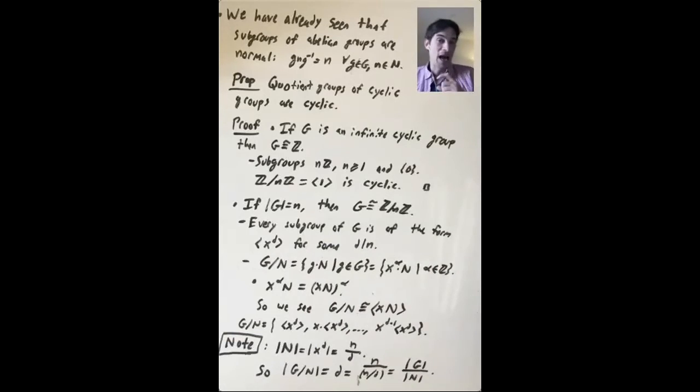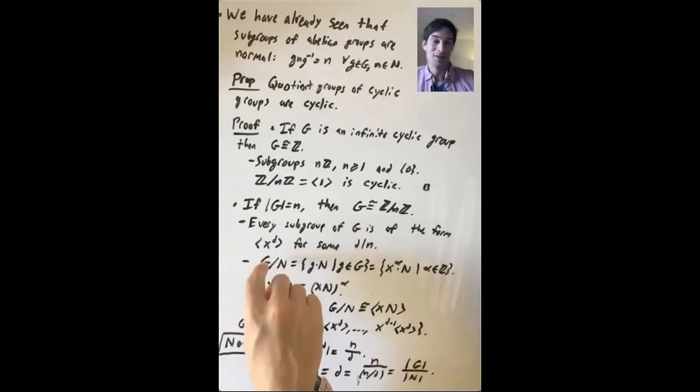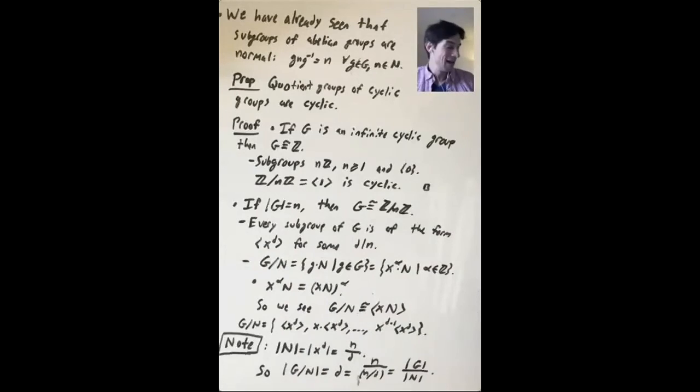It's the smallest power that you raise x to the d to get back to 1, and that is n over d. So this subgroup has order n over d. And we saw that there are these d distinct left cosets, so the order of the quotient group is d. But that is n over d, which is the size of the group G divided by the size of the subgroup N. And what we're going to see is this relation is going to hold in general.